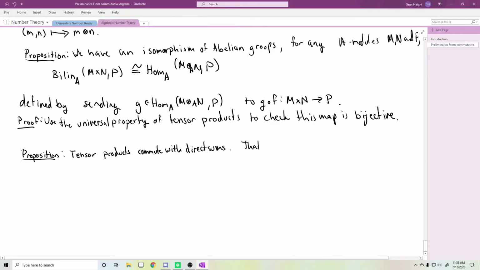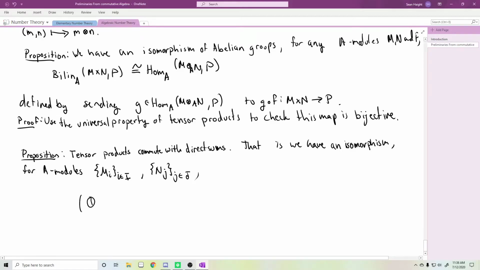We have an isomorphism. Let's say I have a big family of A modules M_i, where i runs over some indexing set I, and N_j, where j also runs over some indexing set J.